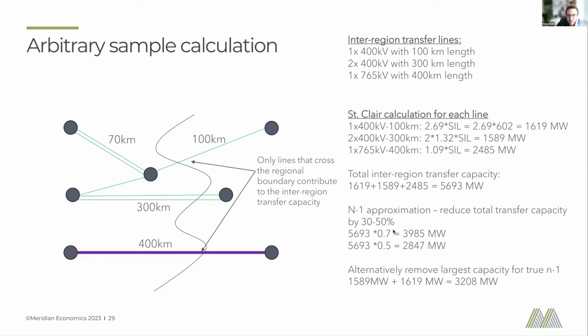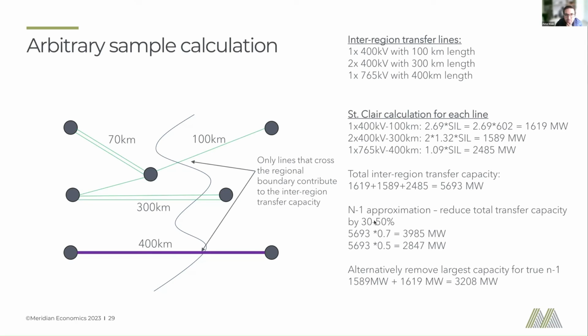You can also be more conservative, if you were to apply 50%, for example. That is an approach we use especially if we're doing higher spatial resolution models, like the 34 node model, where there are cases where you might only have one line between two regions.